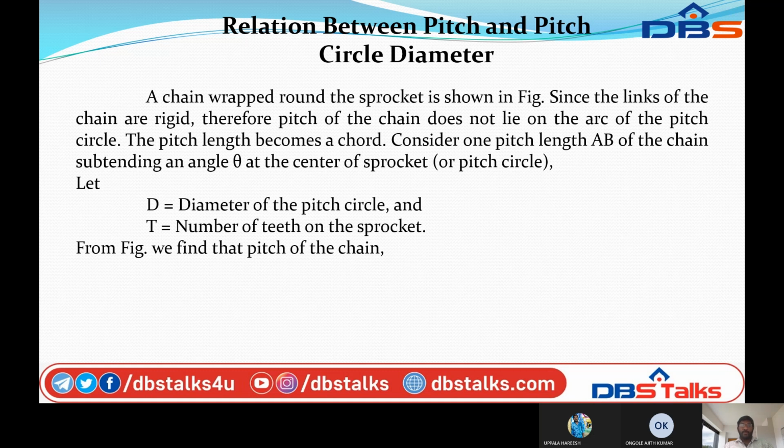Consider one pitch length AB of the chain subtending an angle theta at the center of the sprocket. Let D be the diameter of the pitch circle and T the number of teeth of the sprocket. From the figure, we find the pitch of the chain.